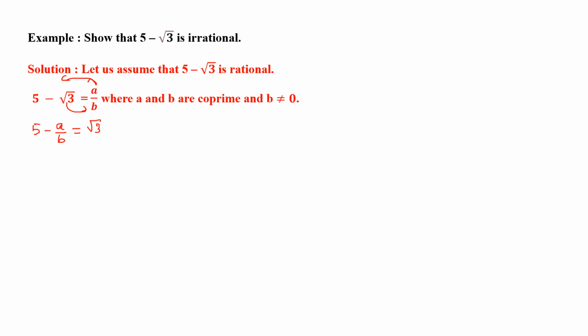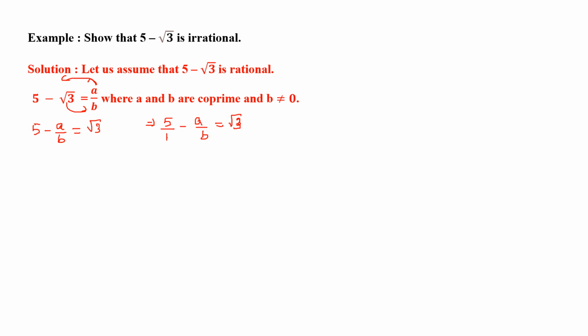Now we already know that A by B is a rational number, isn't it? And 5 also I can write as 5 by 1, right? 5 by 1 minus A by B equal to root 3. Now A by B I have already assumed is a rational number. 5 by 1 is also a rational number. So from here we have seen the property, right?